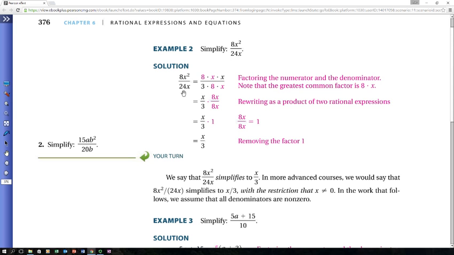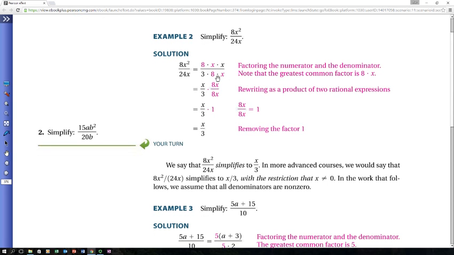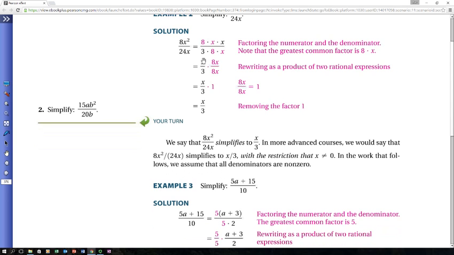And 24x is 3 times 2 cubed times x. Well, they just left it as 8, right? Here's the factorization that they use: 8 times x, and 24 is 3 times 8 times x. Well, I can take these common factors and make a fraction out of those that are equal to 1. And that leaves x over 3 times 1, and I get x over 3.